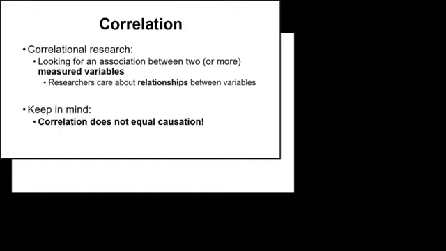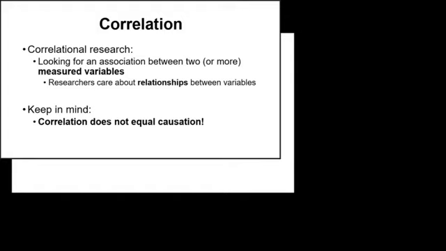All right, next we're going to talk about correlation. So this is what happens when we take some of our descriptive methods, the things that measure particular variables, and we want to make some kind of conclusion between the variables that have been measured.